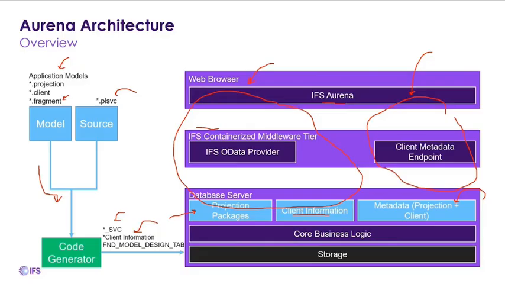We need to initially load it when you're accessing the Arena client. Things like that are also stored. Some parts are stored in the middle tier, and some of the metadata relevant to our initial Arena framework are stored as JSON in the database. So there are two types of metadata actually stored. Maybe when we go through the generated code, we will discuss the differences in this metadata. I think you will have a better understanding there, Janos.